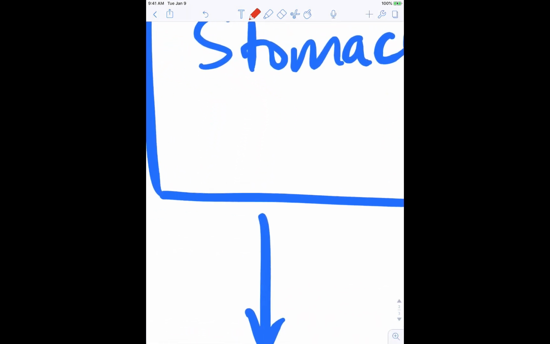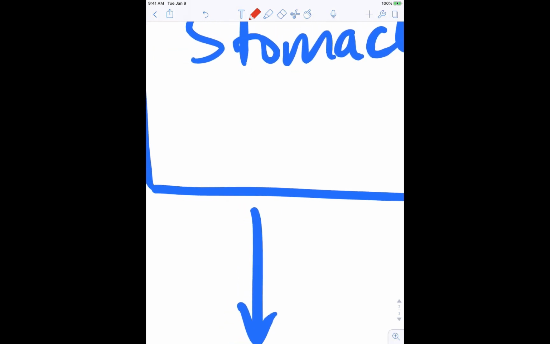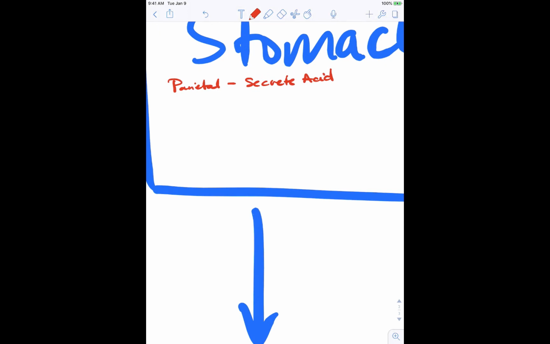And in the stomach, we have several different kinds of cells. There are the parietal cells. These secrete acid. There are the chief cells. Those secrete pepsinogen, which when combined with the acid becomes pepsin.